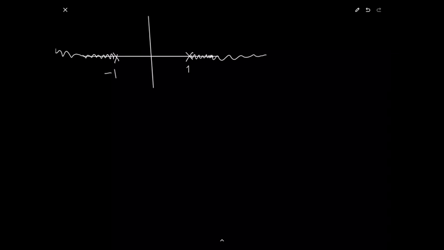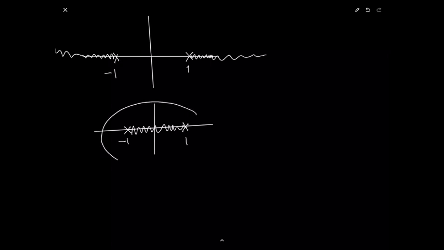But another interesting possibility is if we considered the following case. Again, we have these 2 points here, minus 1 and 1, and we link them like this. Well, why would a closed loop that doesn't intersect this discontinuity be acceptable?